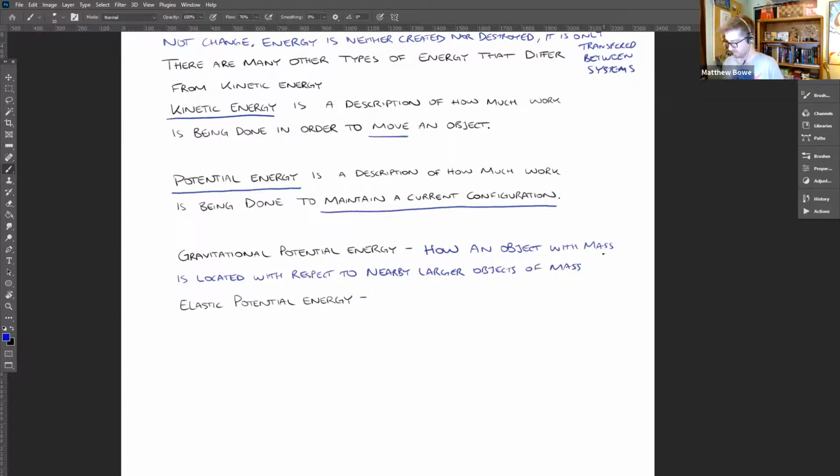Going through the schedule, I had to cut gravity completely from our to-do list for the summer session. But in that, I would have gone over a bit more about gravity, and that every single object with mass has its own gravitational potential energy that it exerts on other objects.